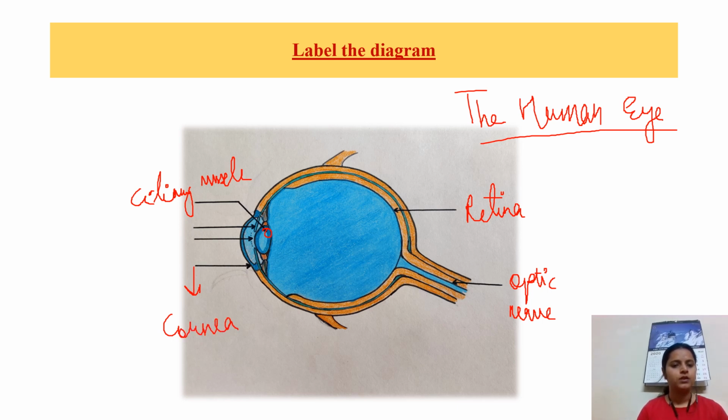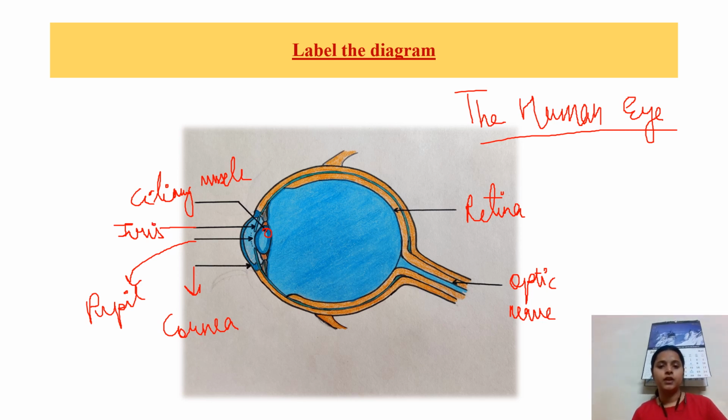Okay, this is the pupil. Let me write here. This is called pupil. Okay, now this part is the iris. So this is the iris.